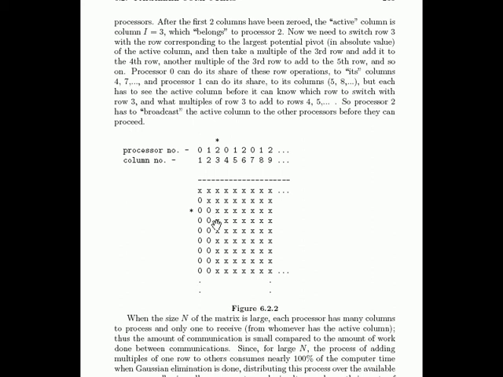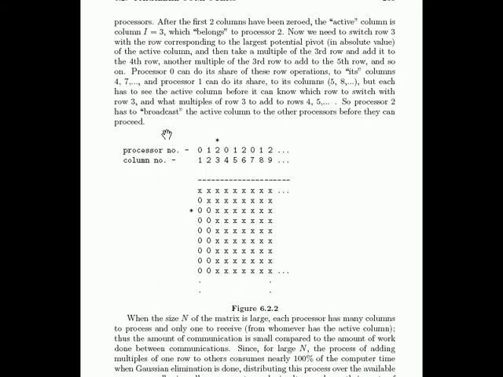However, when you're knocking out the elements in a given column, you can parallelize that. You could take a multiple of the third row and add it to the fourth on one processor, and a multiple of the third row and add it to the fifth on another simultaneously. What we're going to do is basically parallelize the innermost do loop, and we're going to distribute the columns over the processors.